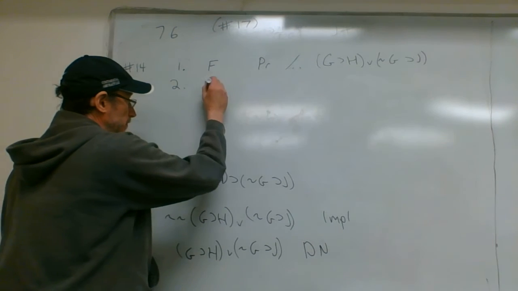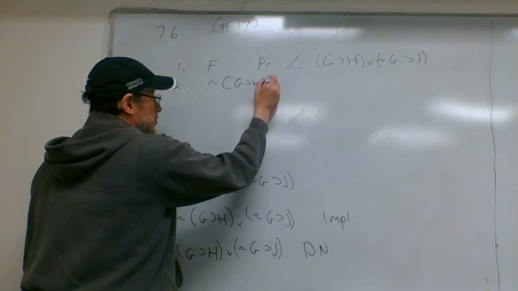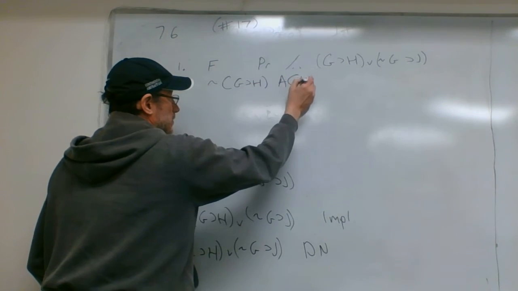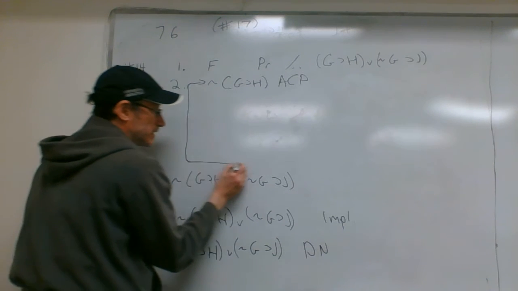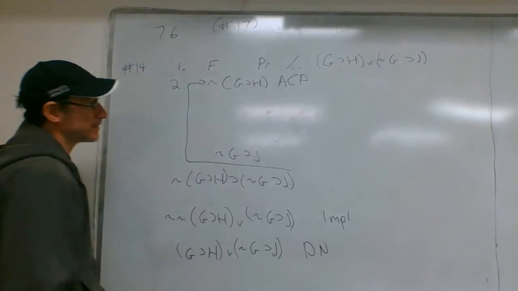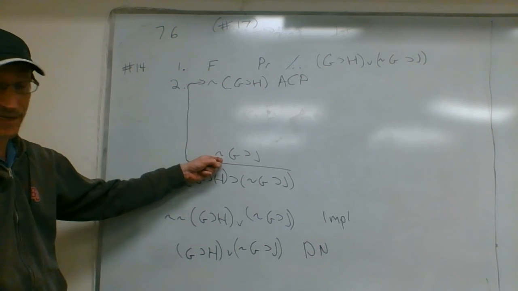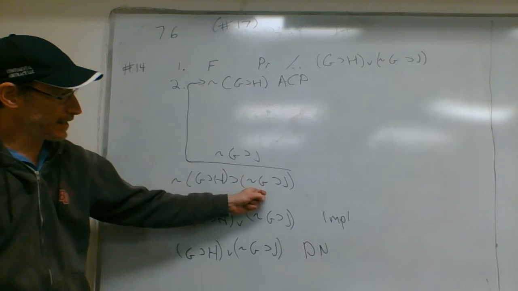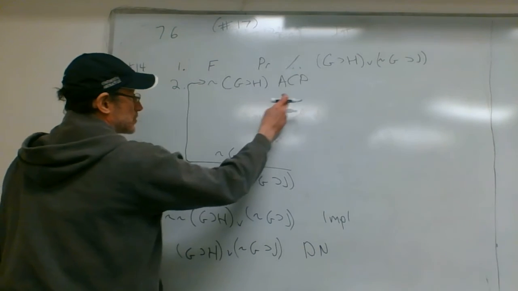I'm going to start off assuming not G horseshoe H, assumption for conditional proof, and I'm going to try to show that that leads to not G horseshoe J. You see that I have my antecedent here, my consequent inside the scope marker, and that's what I have over here. So I have an assumption for conditional proof.